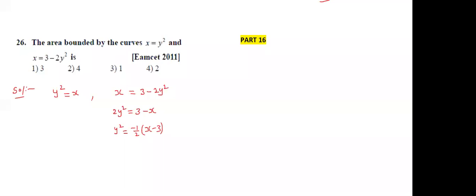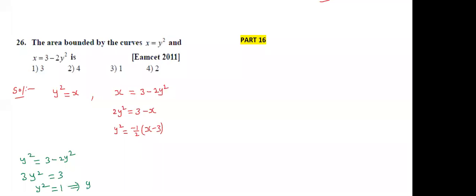Now solve the curves, then we get the points of intersection. Y square is equal to x. Now in place of x substitute y square. Y square is equal to 3 minus 2y square. 3y square is equal to 3. Then y square is equal to 1.